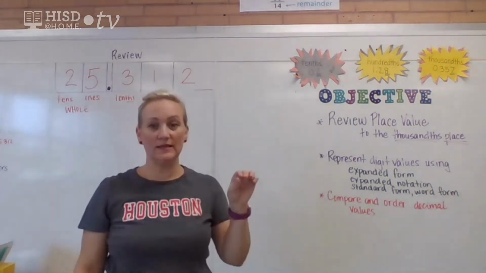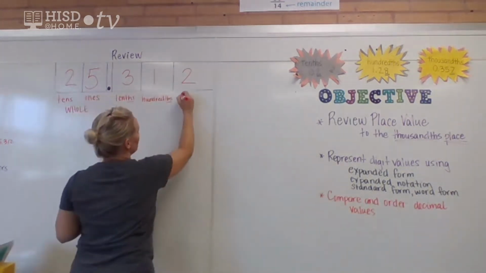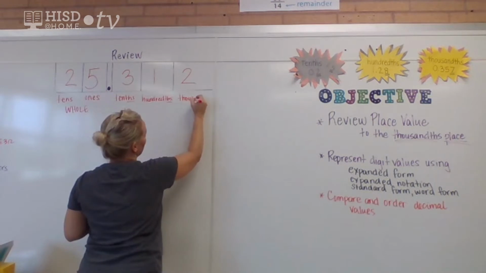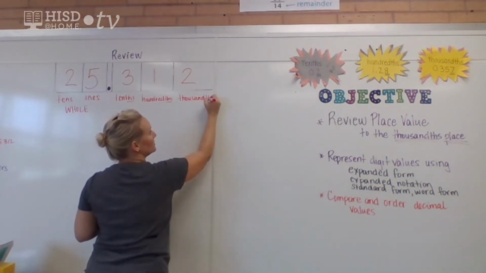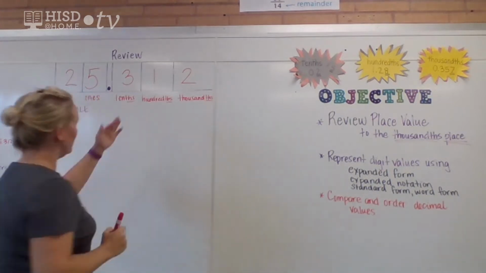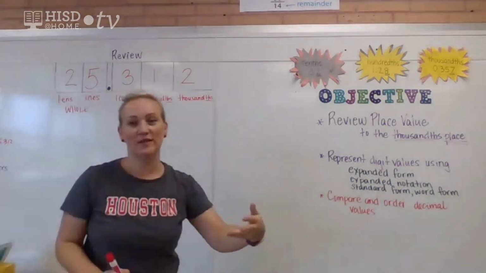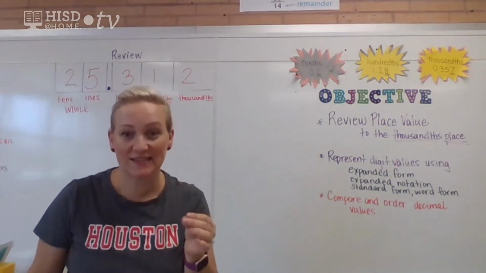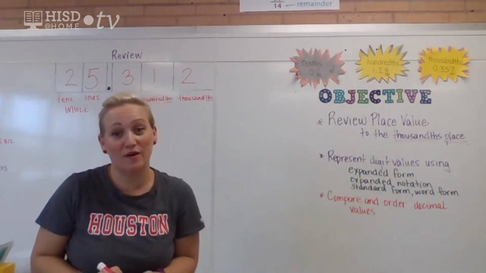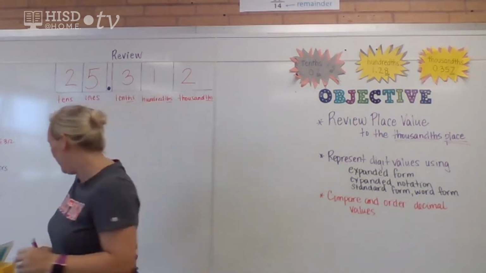And last but not least is thousandths. Thousand, just like the regular thousand, and you just put the suffix THS. I like to underline it because students always say thousandths is like spitting on someone, but that's how they remember it because it's so tiny.